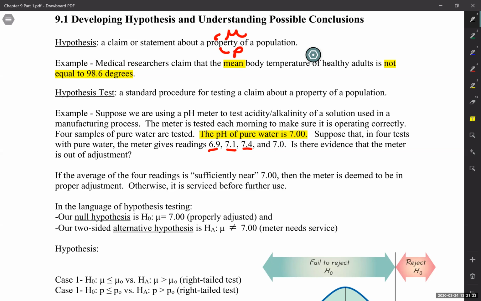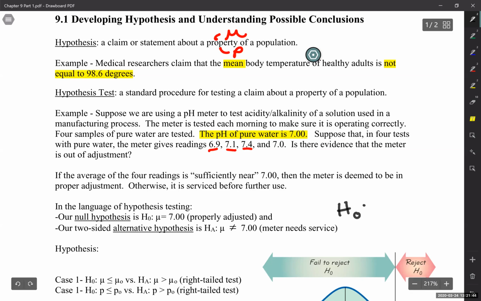So we have 2 hypotheses. We have our null hypothesis, that the meter is properly adjusted, and our alternative hypothesis, which is that it needs service. And so here we have this notation, H sub 0, that's our null hypothesis.